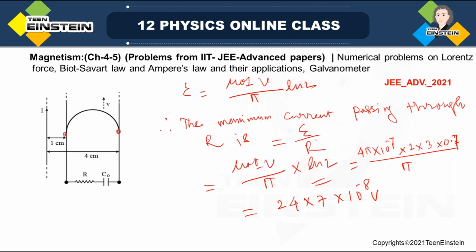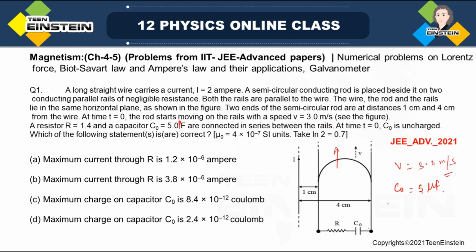Now what is the current? Current is E by R. So I is equal to E by R. R is 1.4 ohm, very negligible resistance.